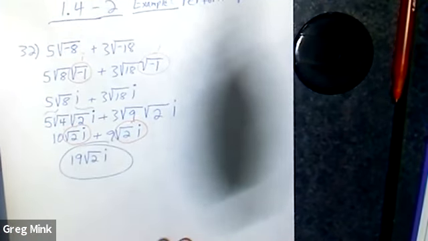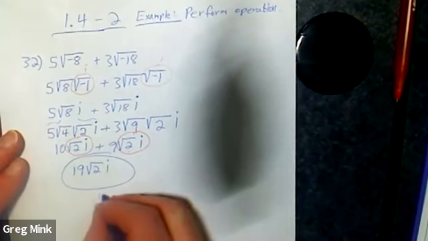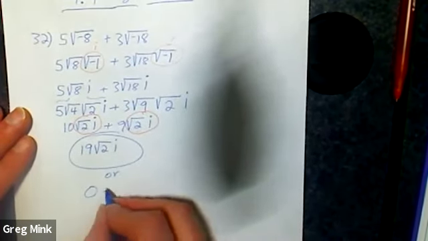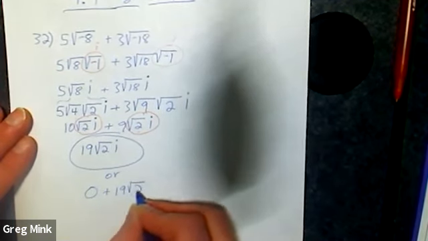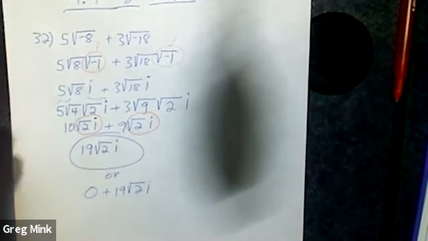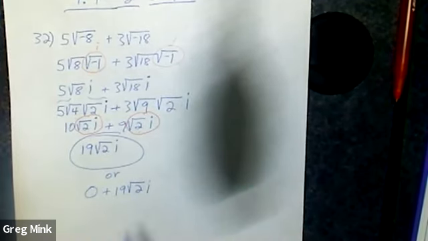So this is the answer in standard form, or if you want to be more explicit, the real part is 0 actually, and the imaginary part is 19 square roots of 2. And keep in mind, 19 square roots of 2 is just some number, some value. Square root of 2 is like 1.4, so it's some value, but we're just keeping it nice and exact, okay?